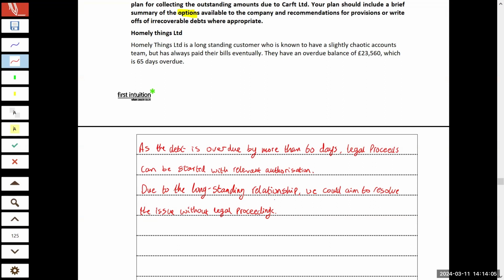It can save a lot of time, it can save a lot of effort with legal fees, and it can also save the risk of sort of damaging the relationship if we don't need to, because going through those legal routes can potentially have implications like that.